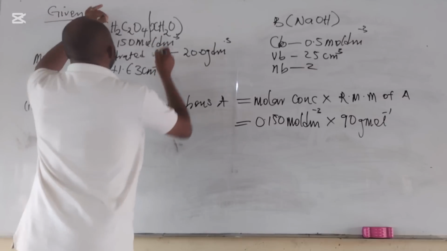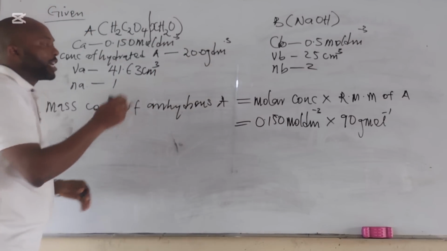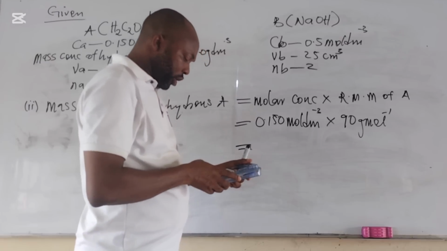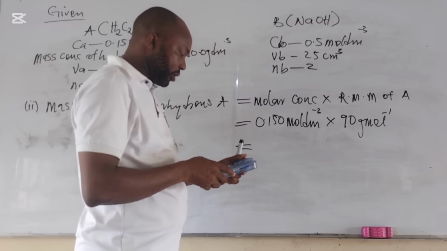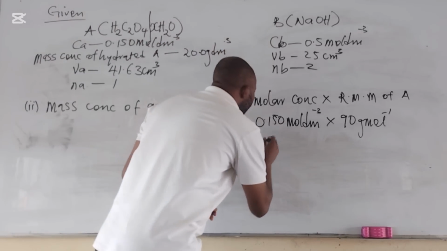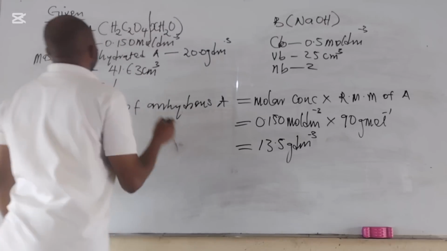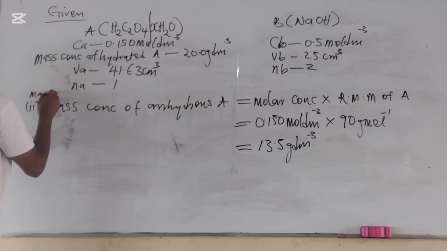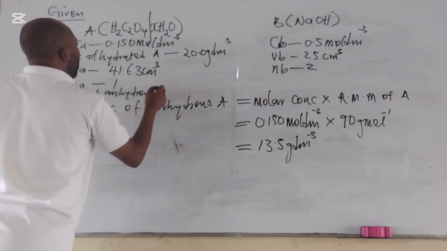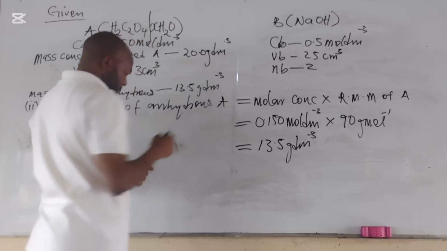If you do that, there is hydrogen 1 times 2 plus 12 times 2 plus 16 times 4, which will give you 90. So this equals 0.150 times 90, which gives us 13.5. So the mass count of anhydrous is 13.5 g per dm cube.